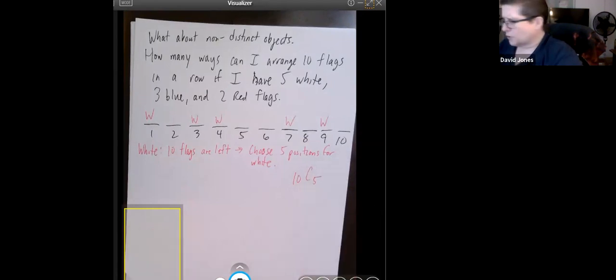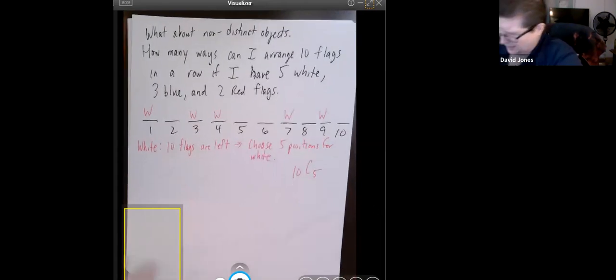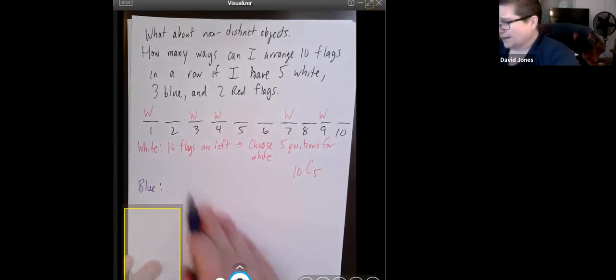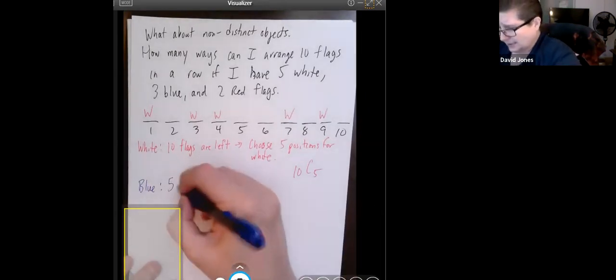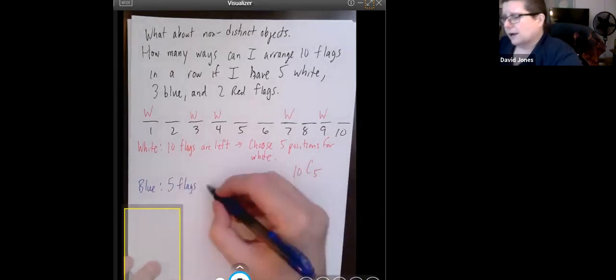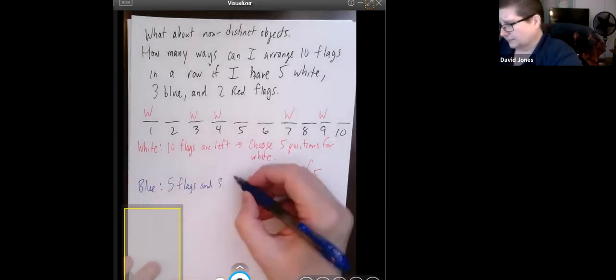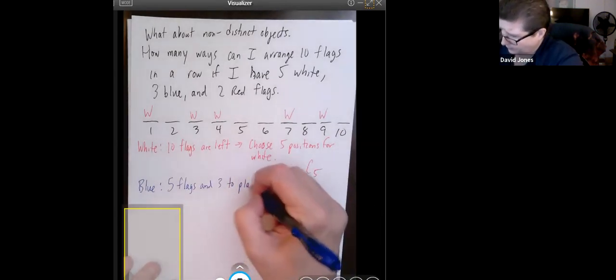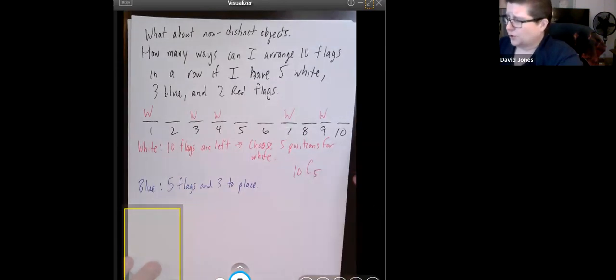And now I'll do the 3 blue flags. Maybe I should have used red ink for the red flags and blue ink for the blue flags. Now I've got 5 flags left to place, and I'm going to place 3. So I'll put blue here, blue here, blue here.